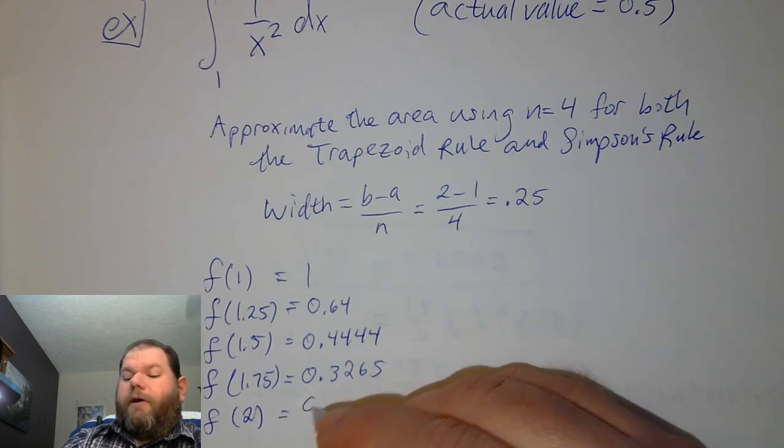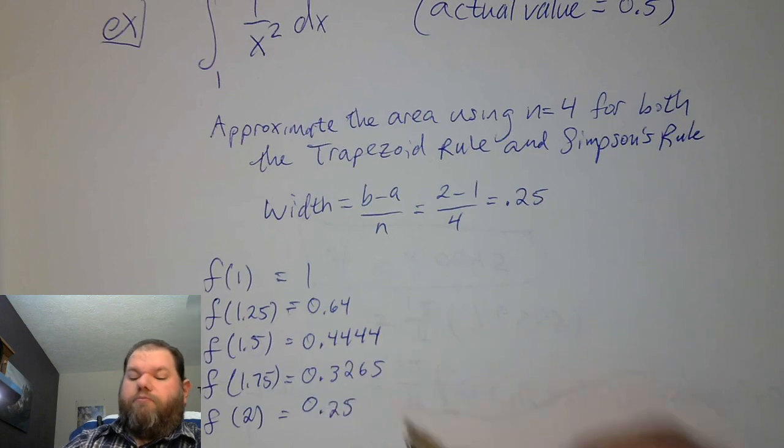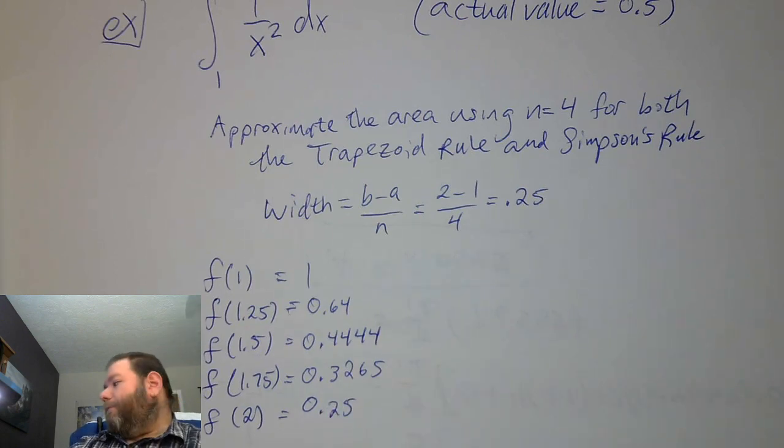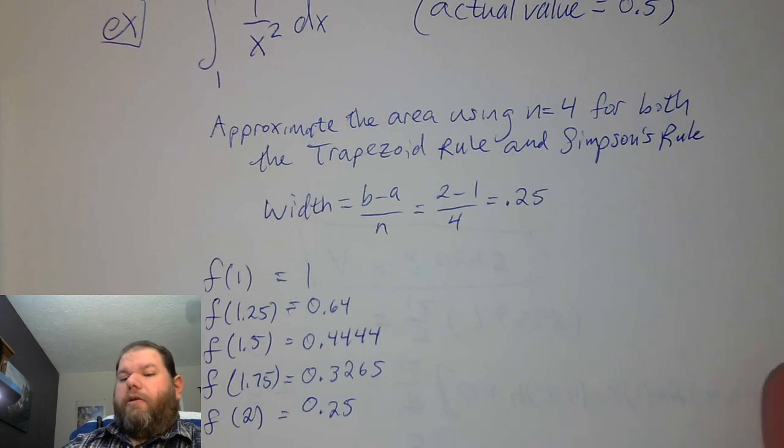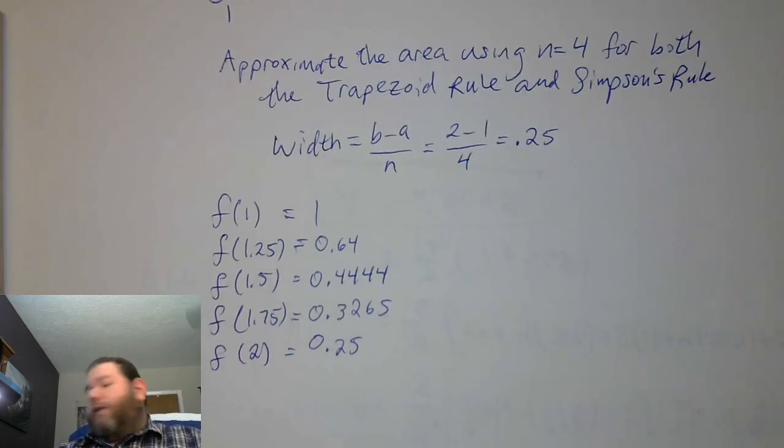And then 1 divided by 2 squared is 1 over 4, or 0.25. So that gives us our function values first.